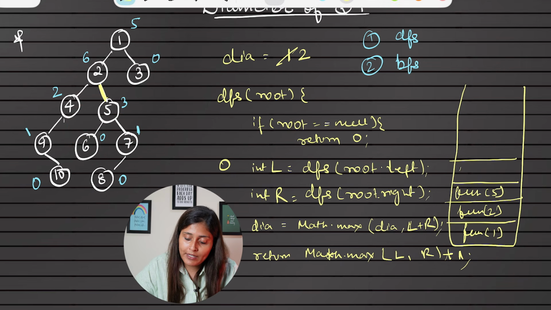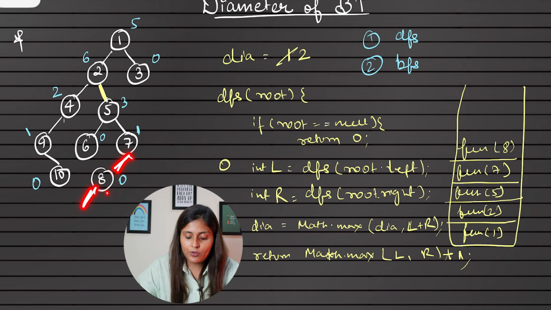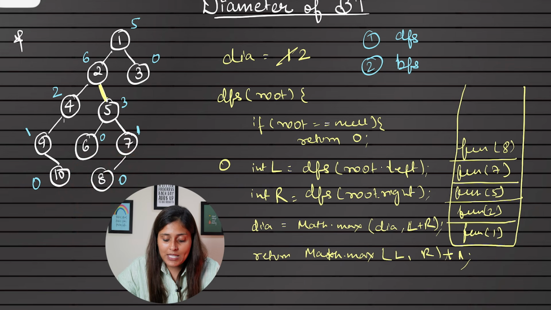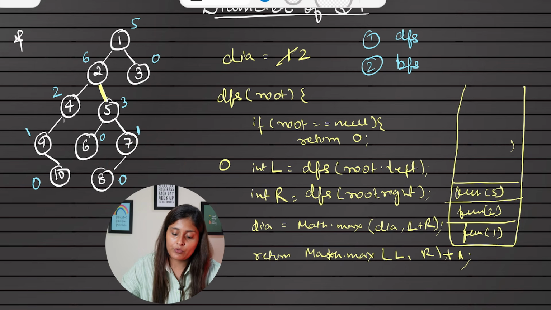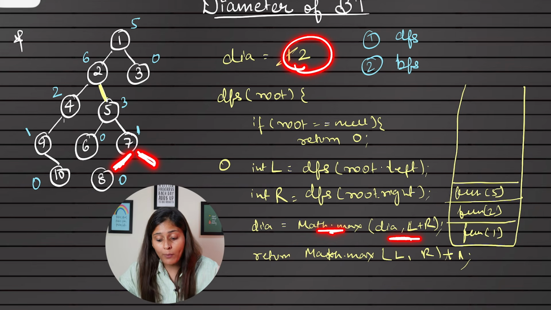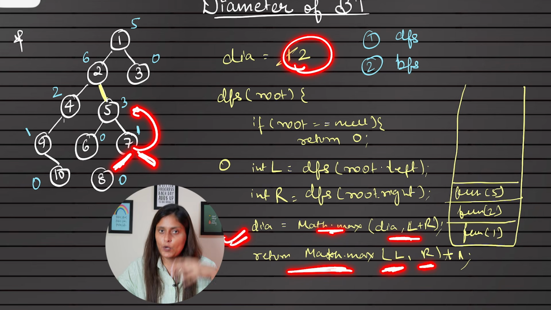Function 7 will get called. Now for 7, the left call, function 8, will get called. Again for 8, left 0, right 0, maximum is 0, but it will return plus 1. So from 7's left it is 1, from 7's right it is 0. Function 8 will get removed, and 7 will also get removed. For 7, the diameter is 1, but as of now the maximum is already 2, so the diameter will not get updated. But what will 7 return? Whichever of left and right is maximum.